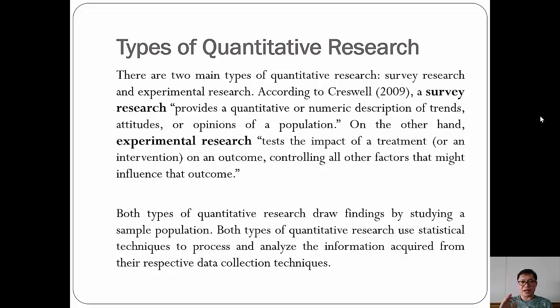On the other hand, experimental research tests the impact of a treatment or an intervention of one outcome, controlling all other factors that might influence that outcome. Okay, ang experimental, it's very difficult. Why? Sample, ha?